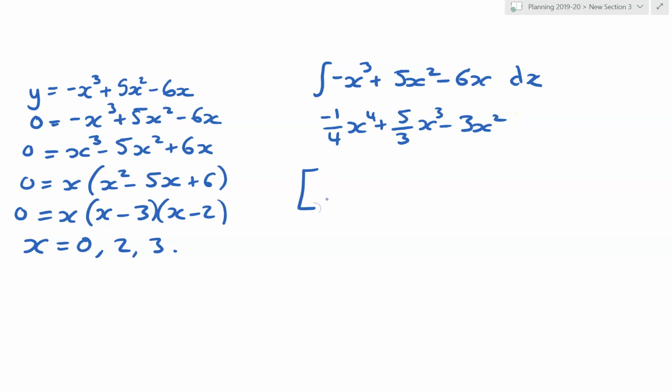So I need to evaluate it between the limits for the lower one, and then add on the limit for the upper one. I missed a term. So first of all, it was between 2 and 0.